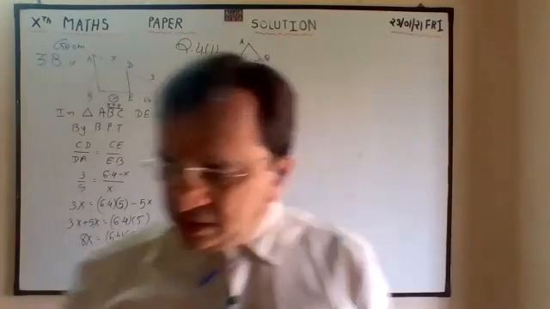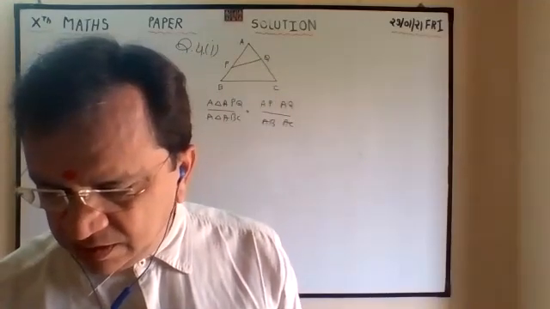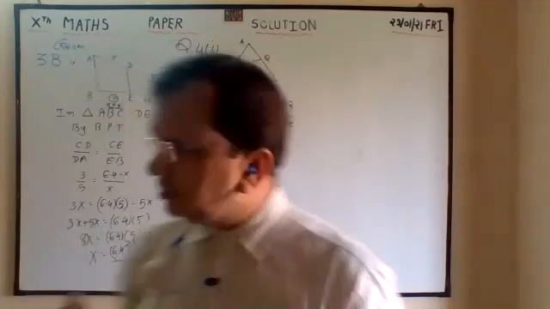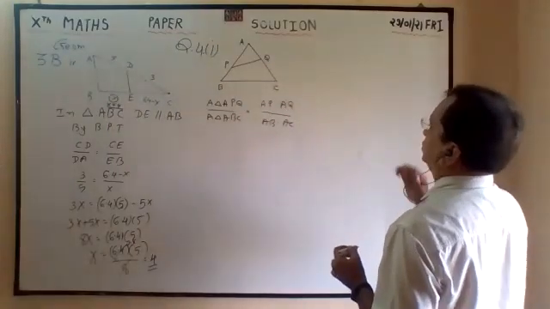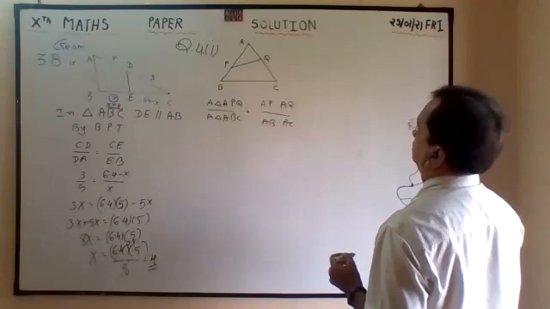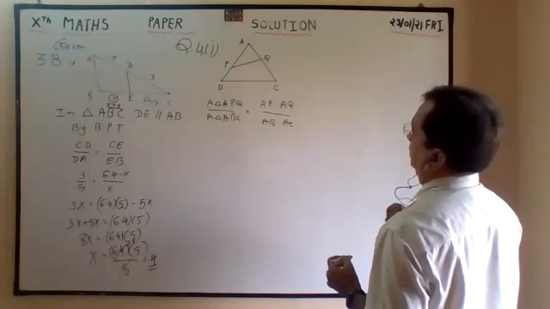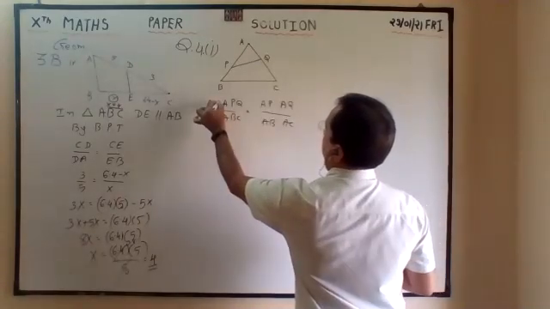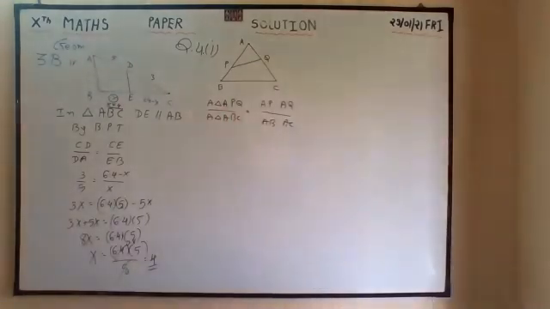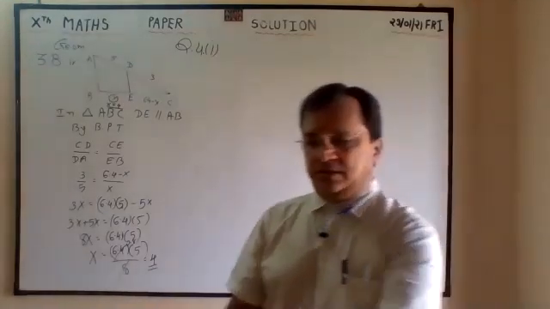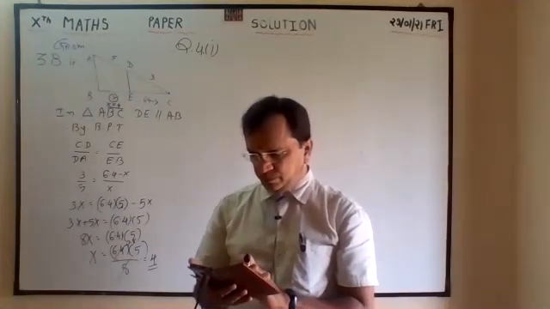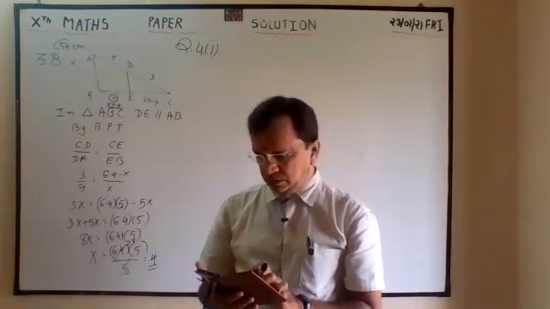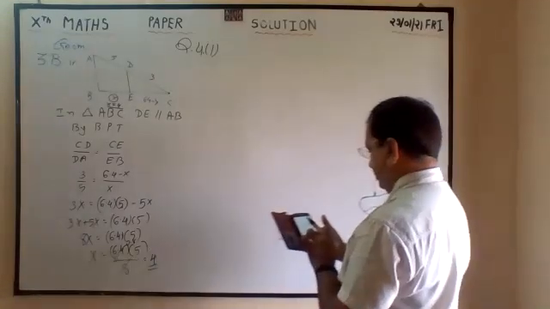And it is given, it is parallel. So common height we can take. Two segments are congruent.